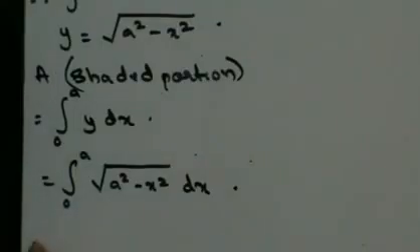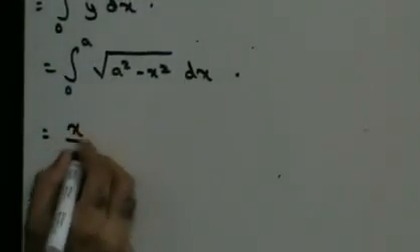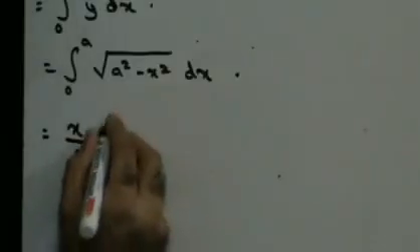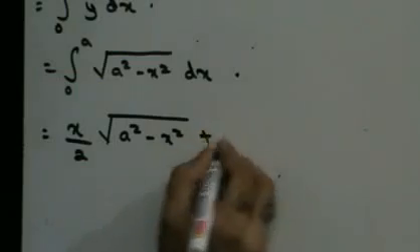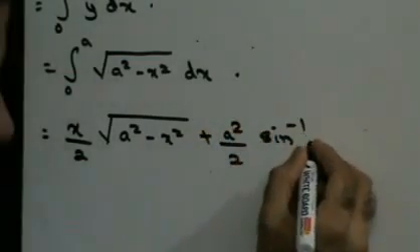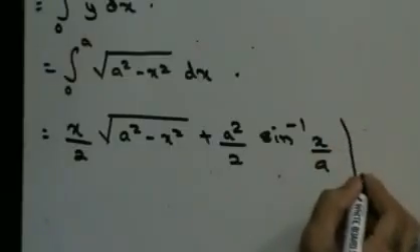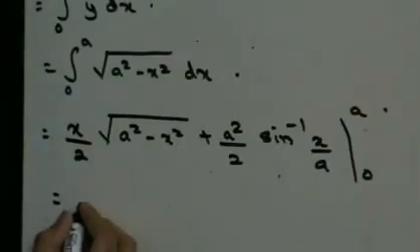Now, integral of root of a square minus x square is nothing but x by 2 root of a square minus x square plus a square by 2 sine inverse of x by a when the limits are between 0 to a. Now, let's see this. First you substitute x with upper limit, then you substitute it with lower limit.